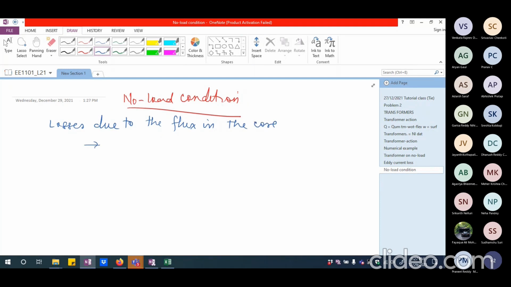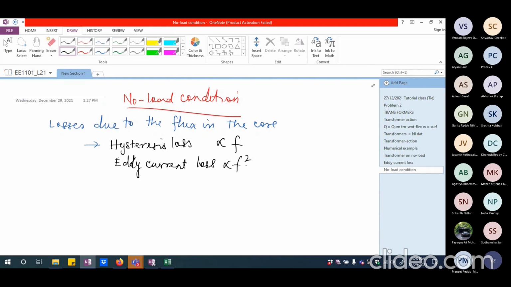And that is essentially consisting of hysteresis loss, which is proportional to frequency, and eddy current loss, which is proportional to frequency square. These are two components of iron losses.